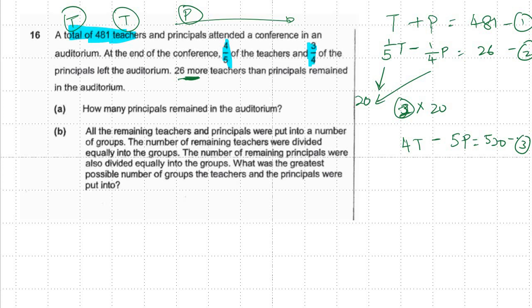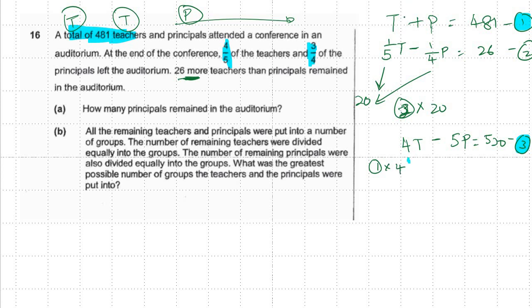Okay, and then I need to use my first equation and my third equation to find out what is the number of the principals. So if I want to find the number of principals, I must try and get rid of the number of teachers in these two equations, right? So obviously very easy. I use my equation 1 to times 4, because there are 4 teachers here.